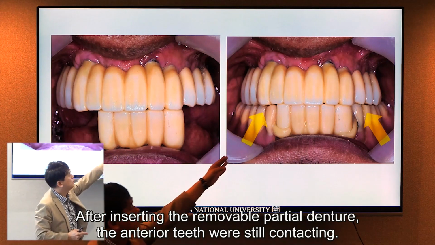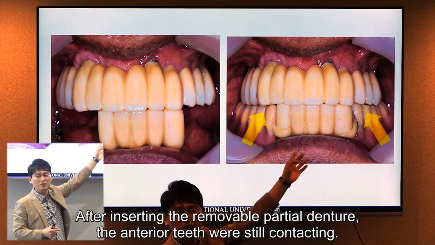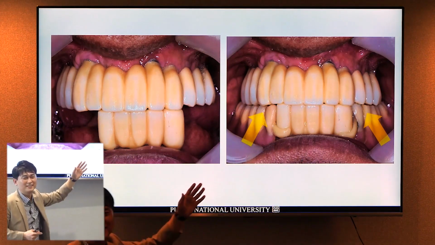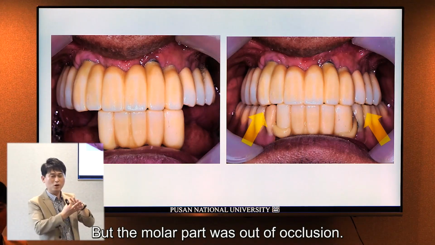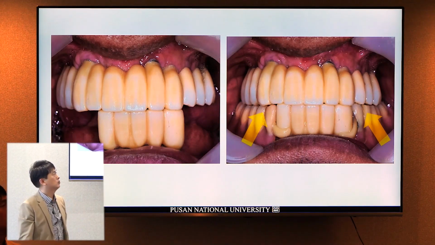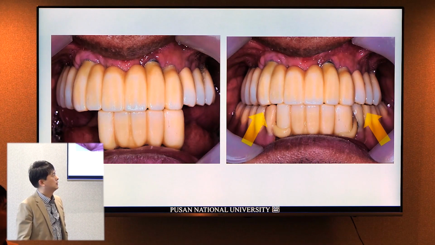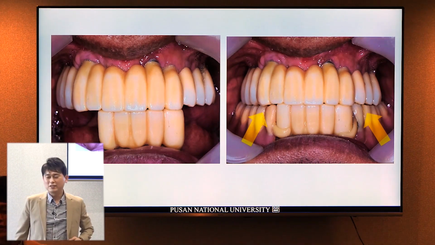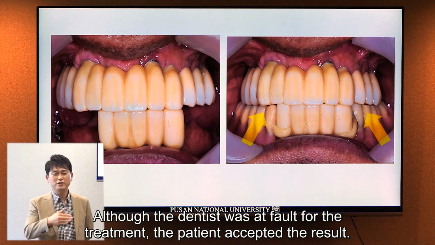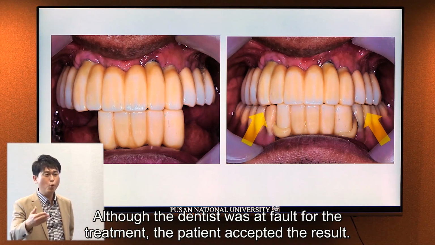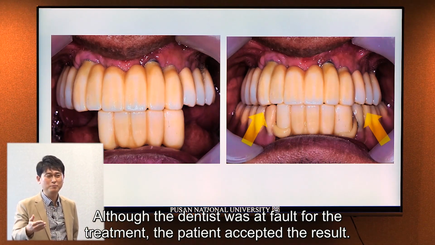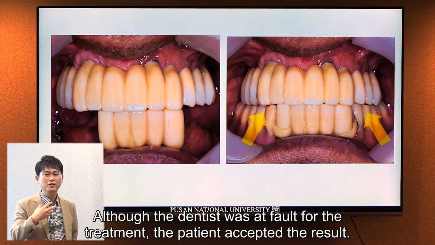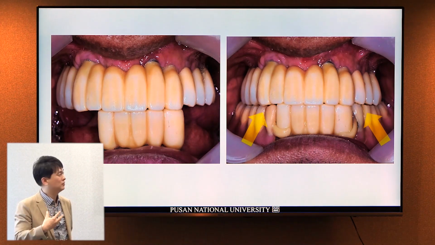After inserting the new partial denture, the anterior teeth also contact. But the molar part is out of occlusion. Anyway, although the dentist gave a poor treatment, the patient accepted the result. So, an ironic condition.